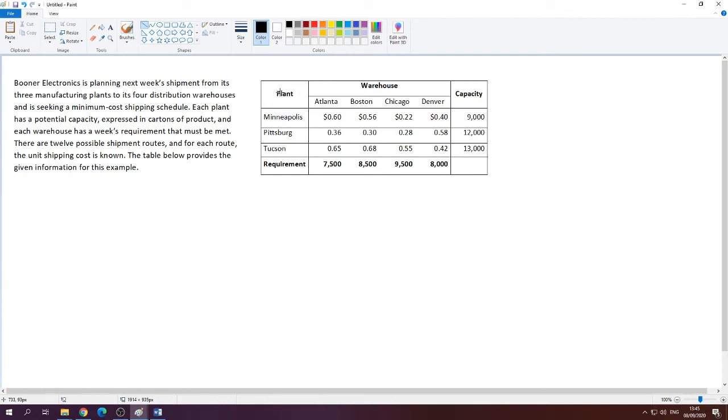So the company has 3 plants. The plants are in Minneapolis, Pittsburgh, and in Tucson, Arizona.